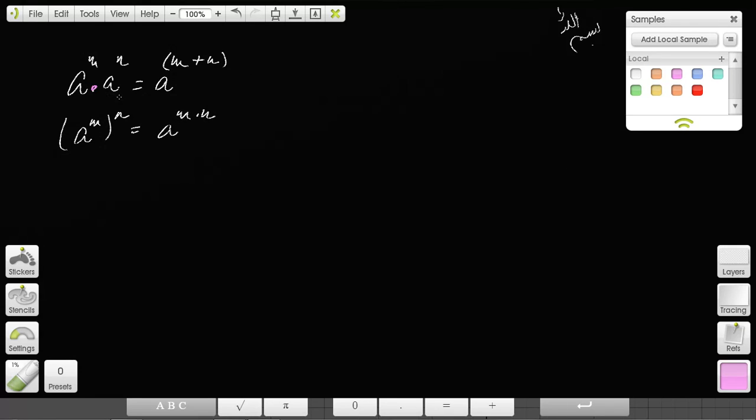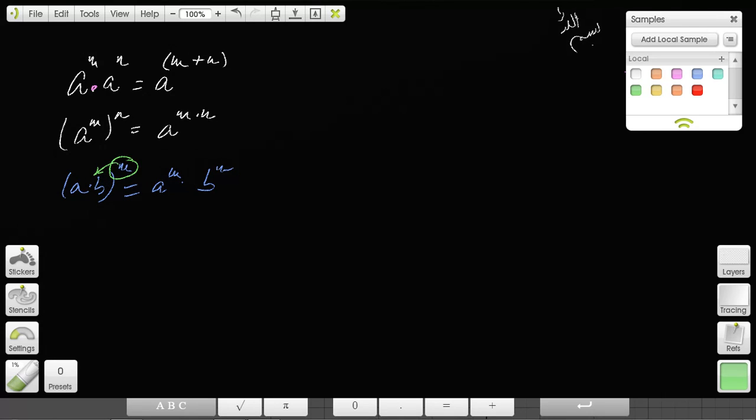This is the power of a power property. And then we have (a times b) to the m is a to the m times b to the m. So this is the power of a product property.